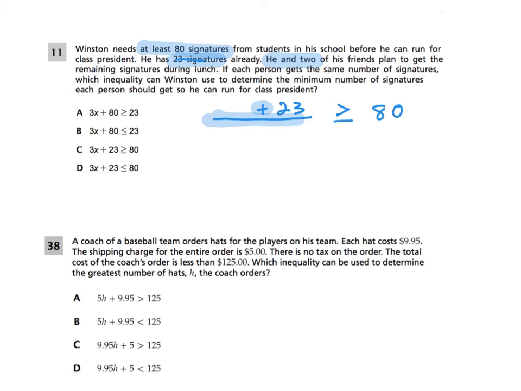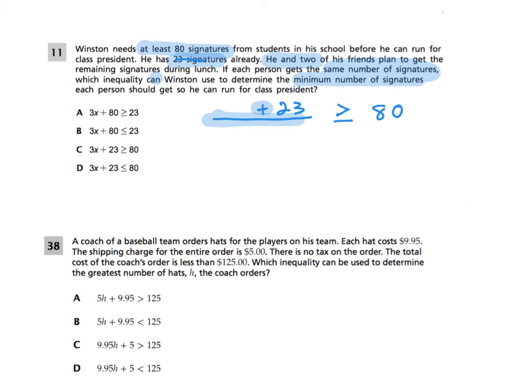He and 2 friends plan to get remaining signatures during lunch. If each person gets the same number of signatures, okay, which inequality can Winston use to determine the minimum number of signatures each person could get?